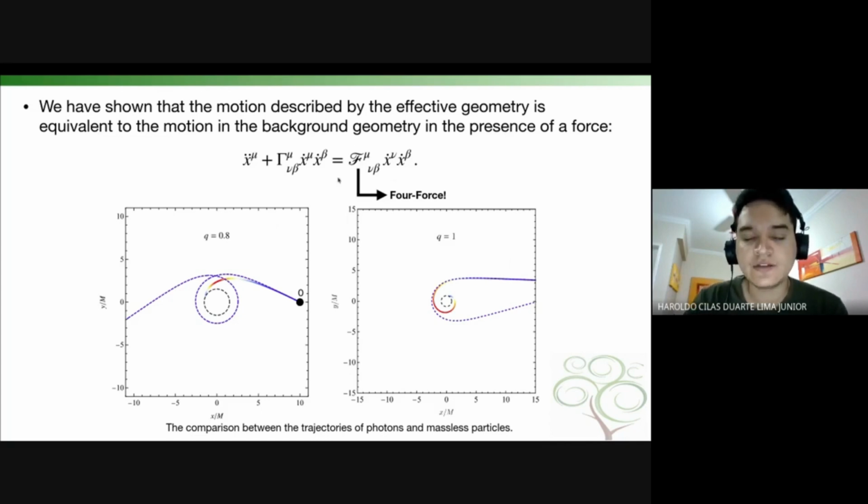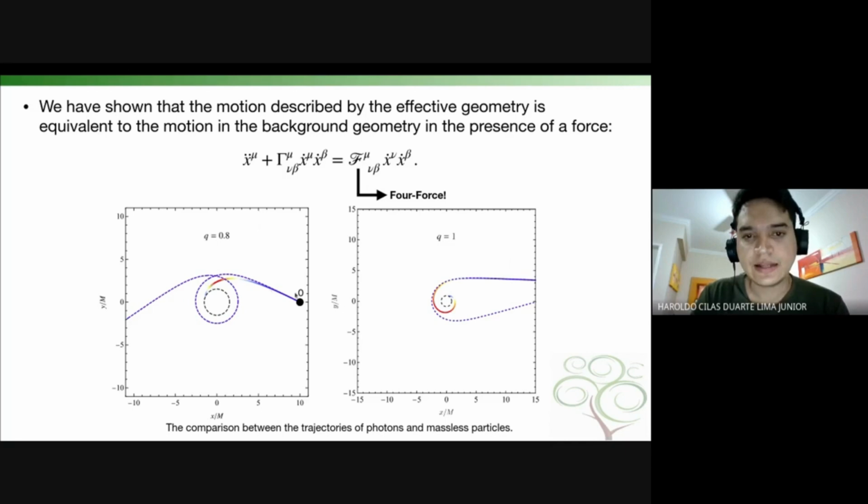And we have done some simulations using this equation that we have obtained. We show this result here where we shoot a light ray and a massless particle, which does not feel this force term, in a similar initial condition, so in the same position and in the same direction.